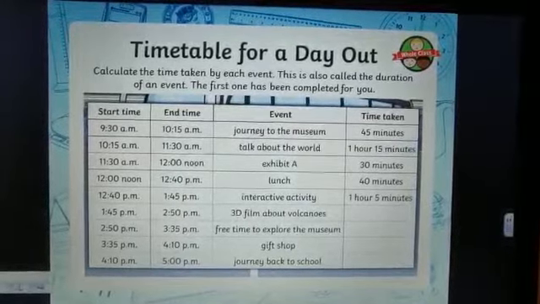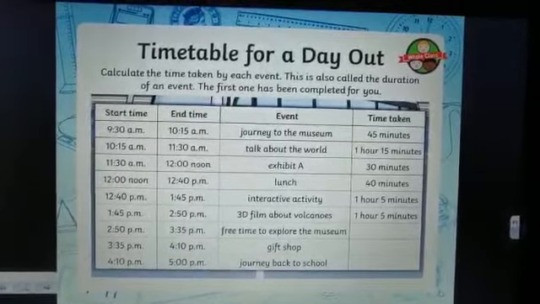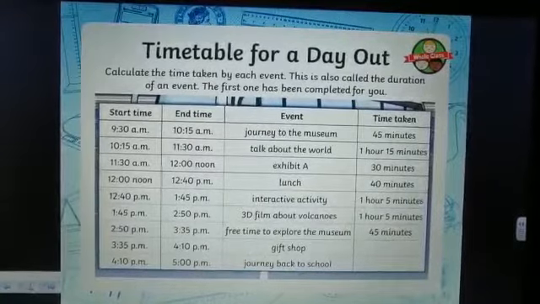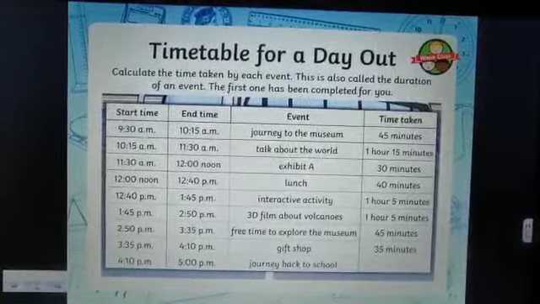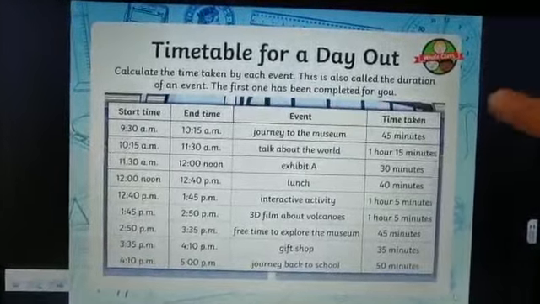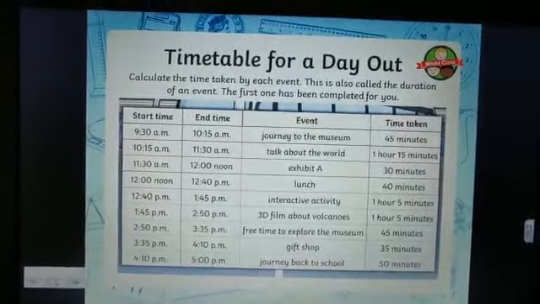The interactive activity took 1 hour 5 minutes. The film about volcanoes also took 1 hour 5 minutes. Free time to explore the museum took 45 minutes. The gift shop took 35 minutes, and the journey back to school took 50 minutes, which is actually longer than the journey to the museum.